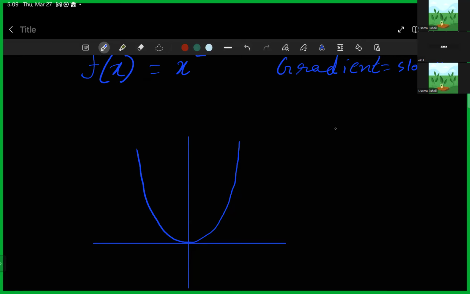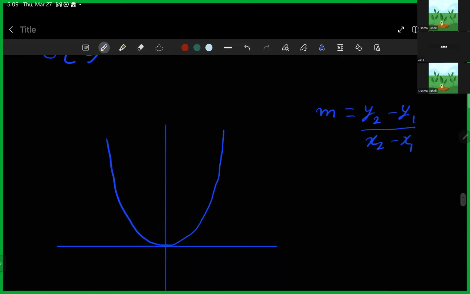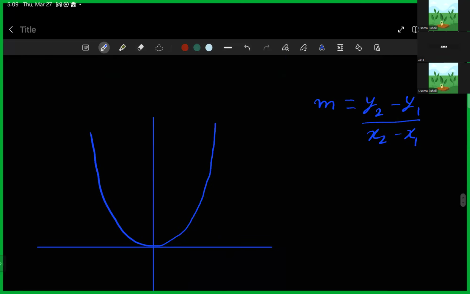Now, the gradient m by definition is y2 minus y1 divided by x2 minus x1, right? By definition, that is the gradient. So let's try to find the gradient for this curve.